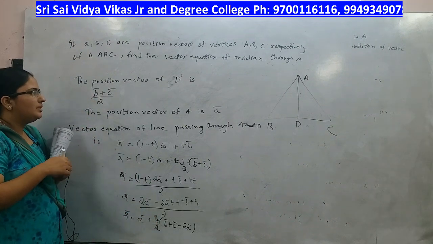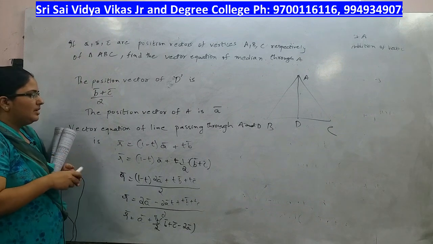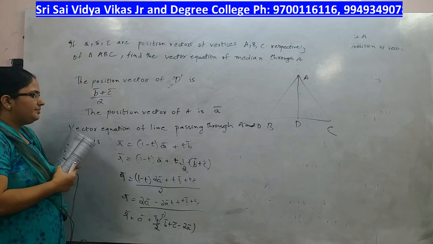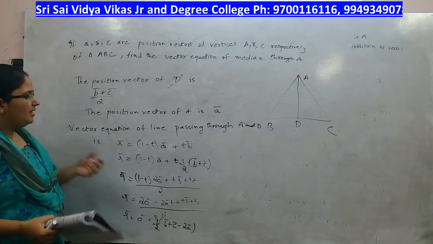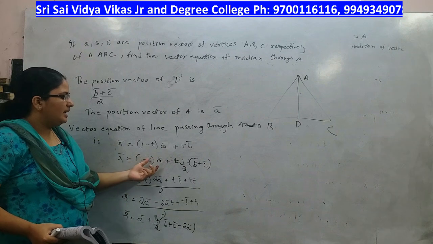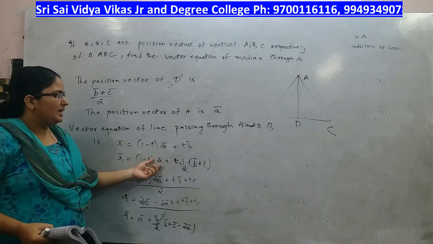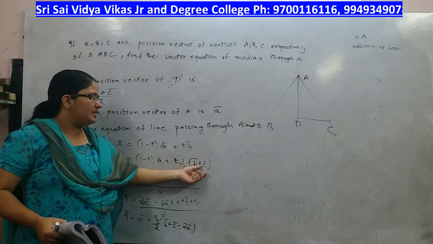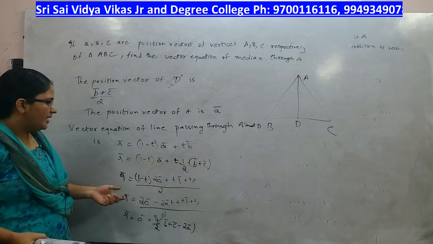So that's the equation of the median. Here the equation of the line passing through A and D is given by (1 minus T) A bar plus T D bar. So the A vector is A bar only, the D vector is half of (B plus C), so T into half (B plus C). Now take LCM.